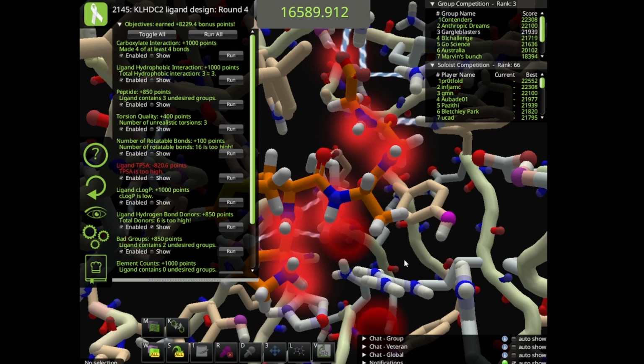Next is ligand hydrogen bond donors. Usually the nitrogen behaves as a donor, and the oxygen, which makes a double bond, behaves as an acceptor.